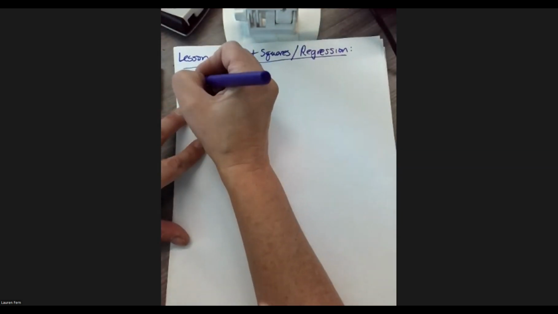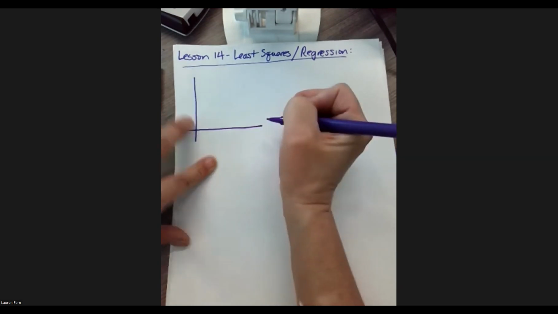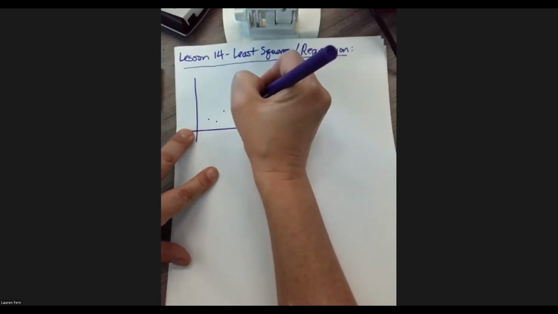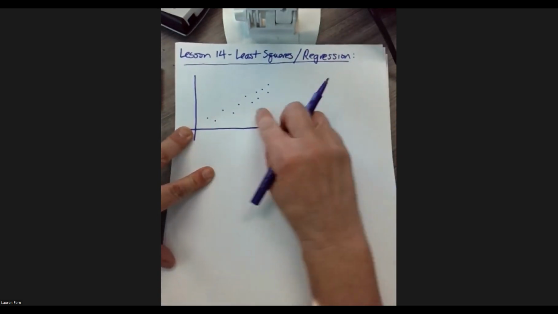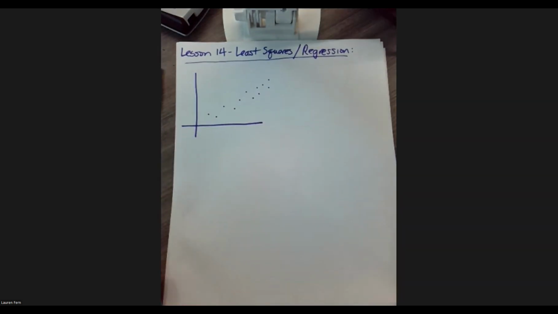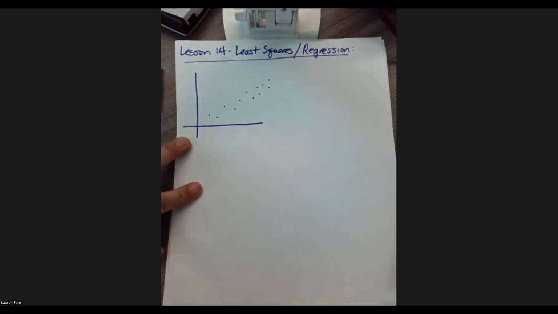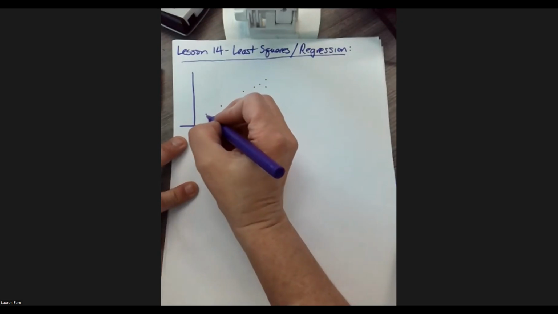Okay, so we might be in a situation, for example, if we were going to plot a bunch of data, where suppose this is our data. Now this doesn't fit a line perfectly, but I claim it sure does a good job of approximating a line. The question is, what line would best fit this data?